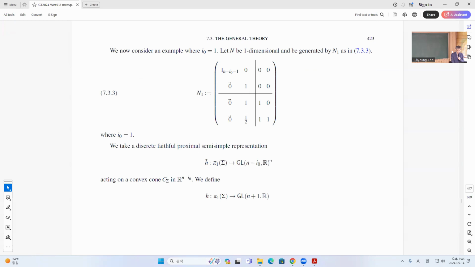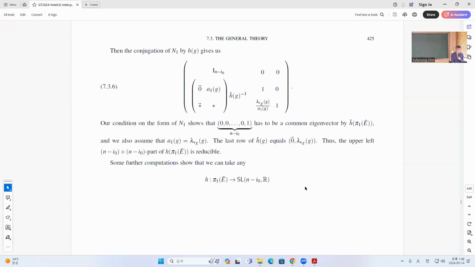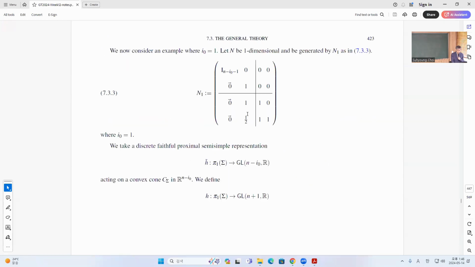And then if you look at these, so you look at the proximal semi-simple representation like this, acting on this cone. And then look at these matrices, you compute the inverse, you obtain something like this, and then you conjugate to get this. Because of this form here, these entries are all 0.